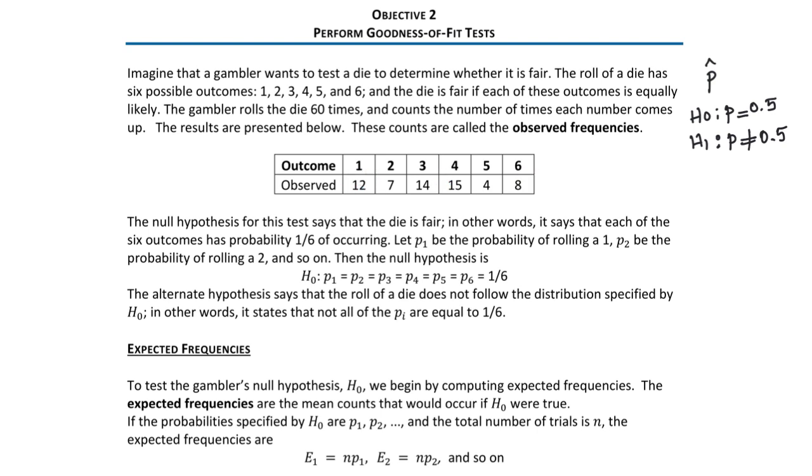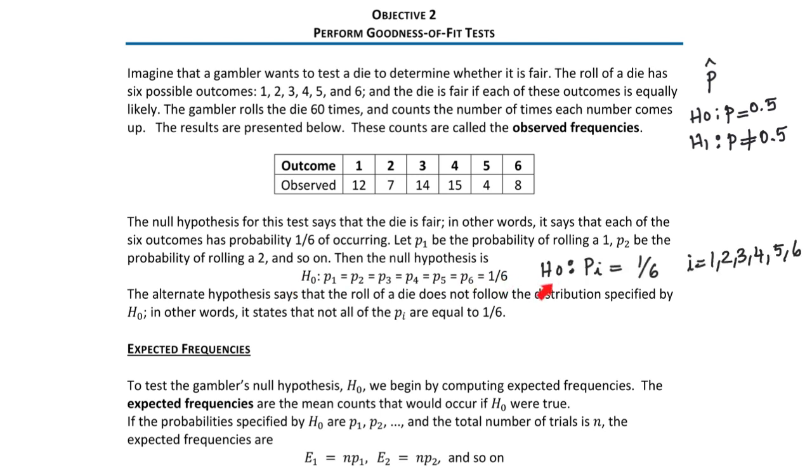If the die is fair, the probability of getting 1 will be 1 out of 6. The probability of getting 2 is 1 out of 6. So if P1 represents the probability of rolling a 1, P2 represents the probability of rolling a 2, P3 represents the probability of rolling a 3, and so on, then the probability of getting each number will be 1/6. So that will be the null hypothesis.